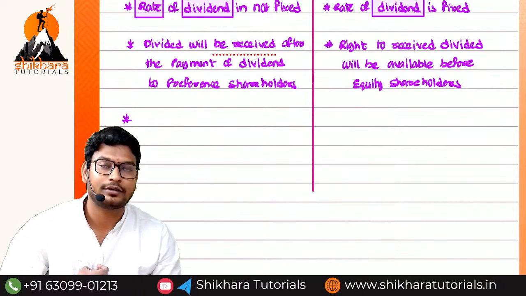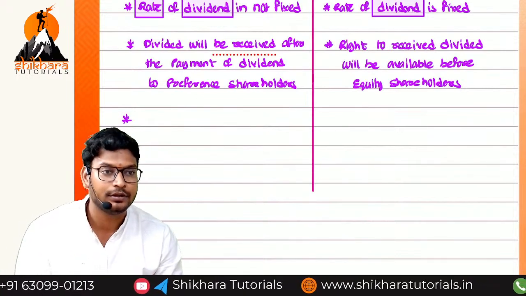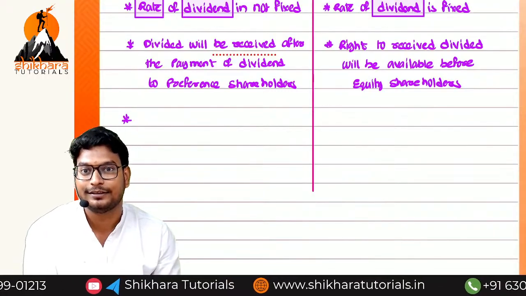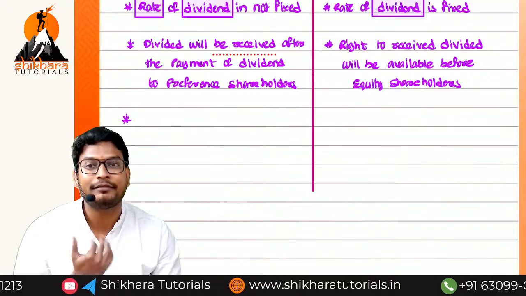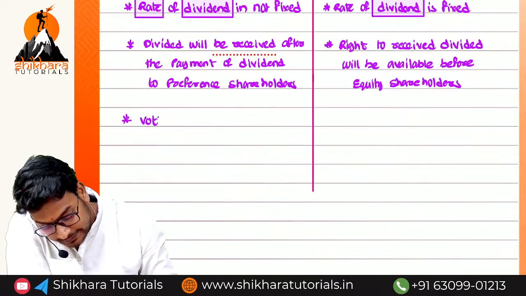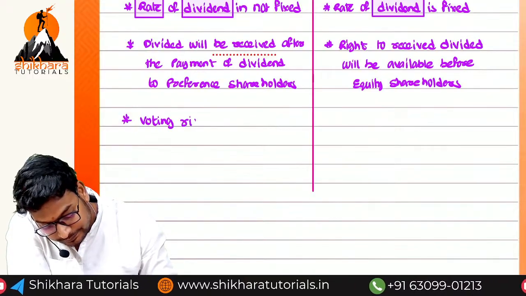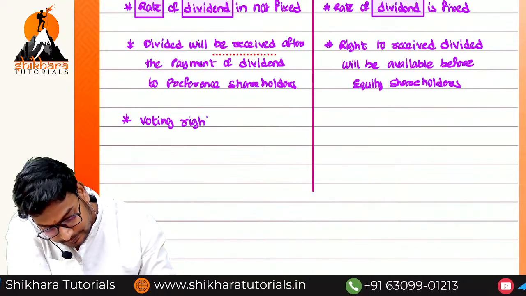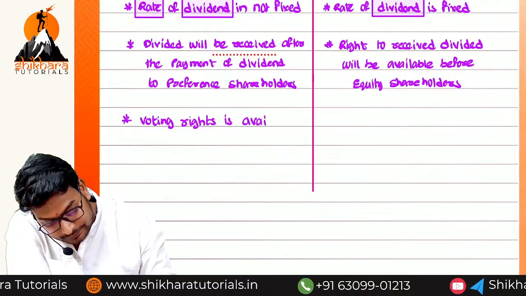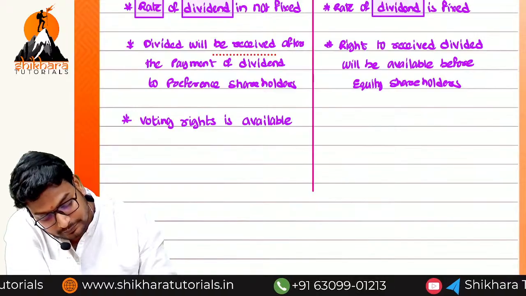Okay, if you want to purchase a car for the home, who has to vote? Brother and sister should vote, cousins should vote. The voting rights will be available to whom? Equity shareholders. So voting rights is available here.